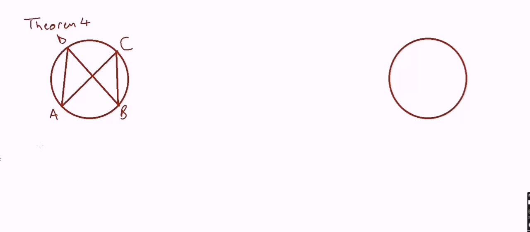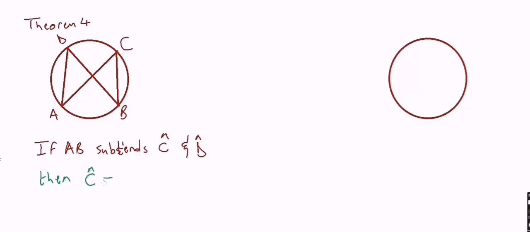So how can I write this as a theorem? If AB subtends C and D, then C is equal to D. Similarly, you could say if CD subtends A and B, then A is equal to B, right?